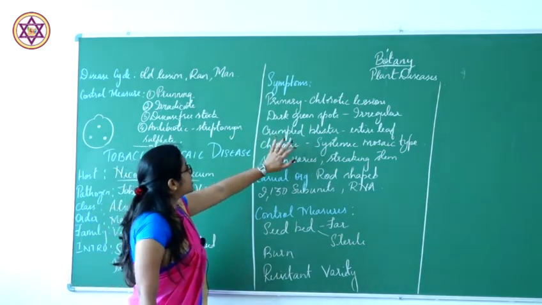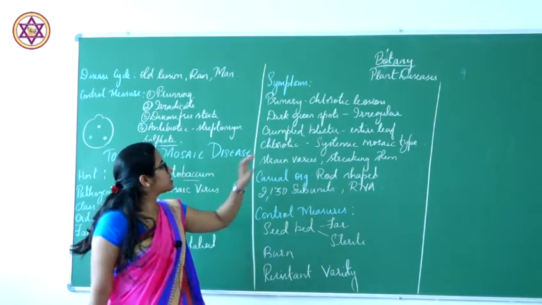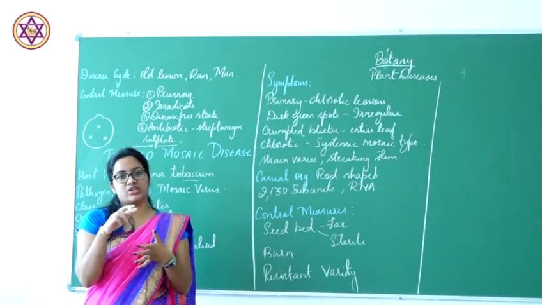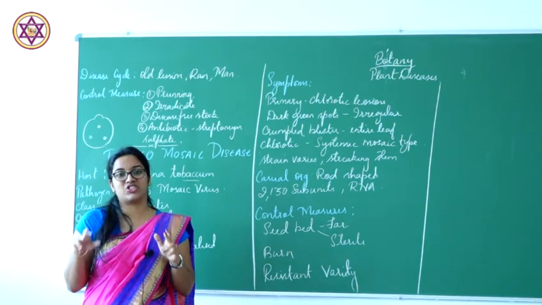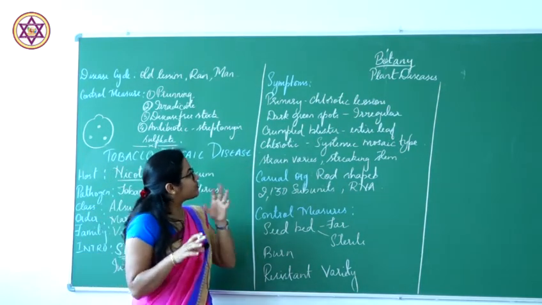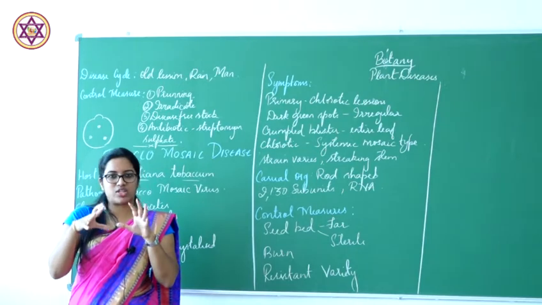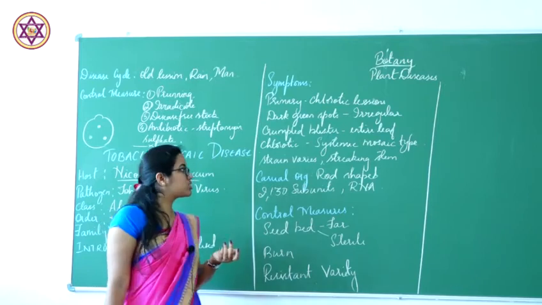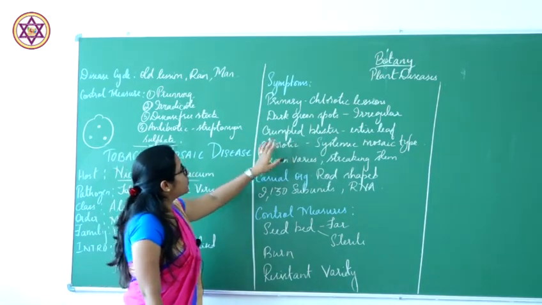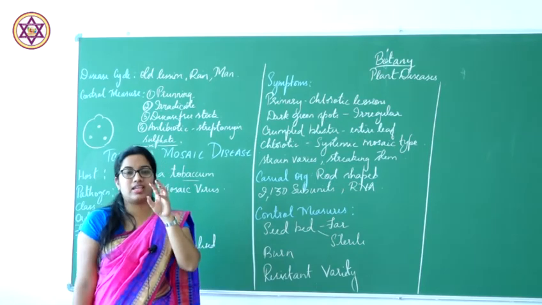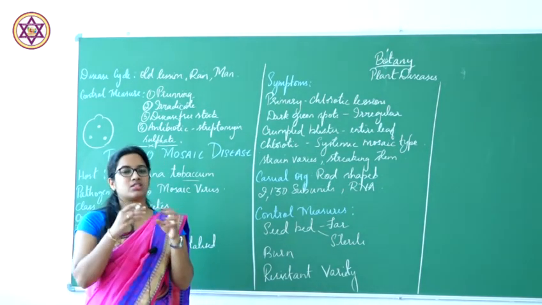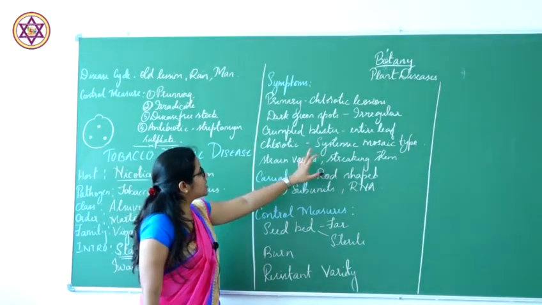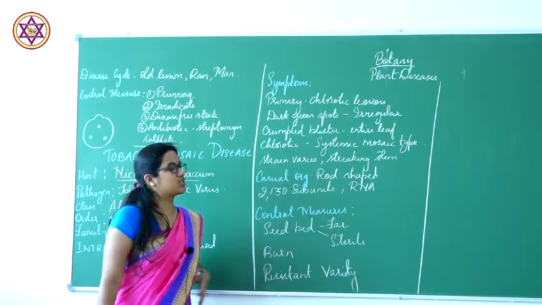In the secondary symptoms, there are dark green spots which become irregular in shape, and those spots stay as such while the entire leaf turns yellowish in color. That is, chlorosis occurs. So these spots will form crumpled blisters, and the entire leaf turns chlorotic.